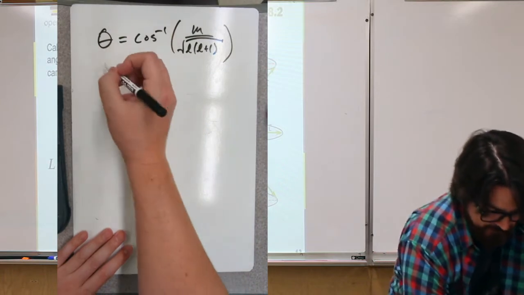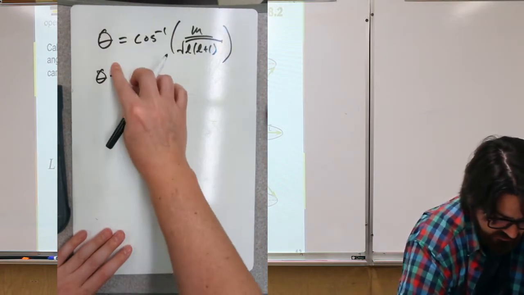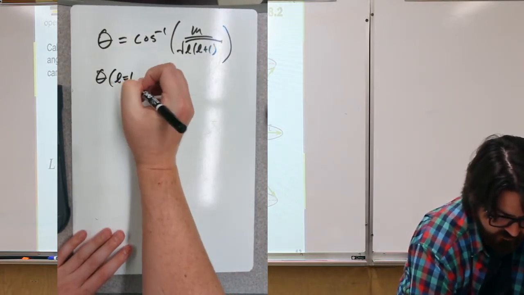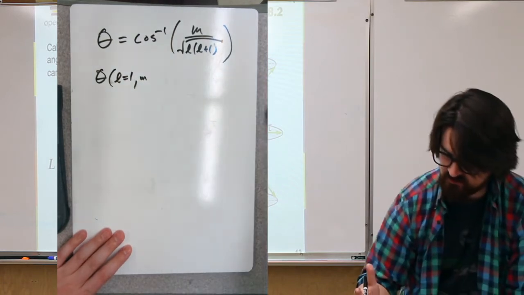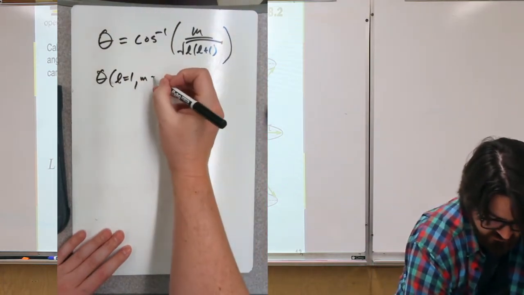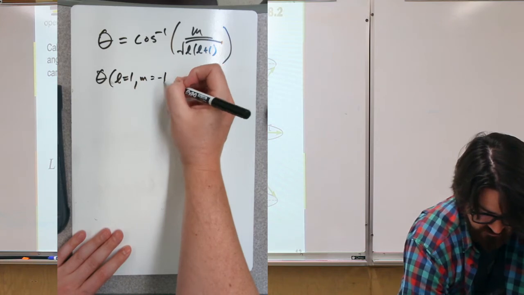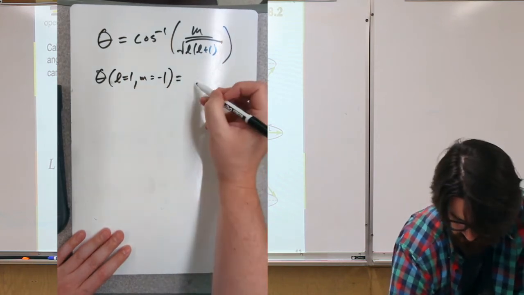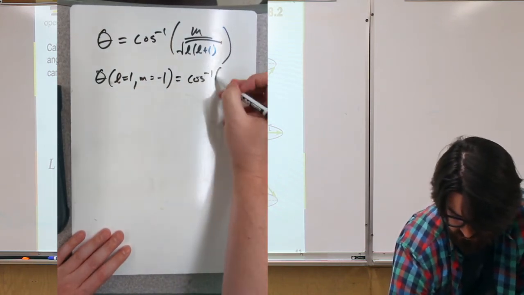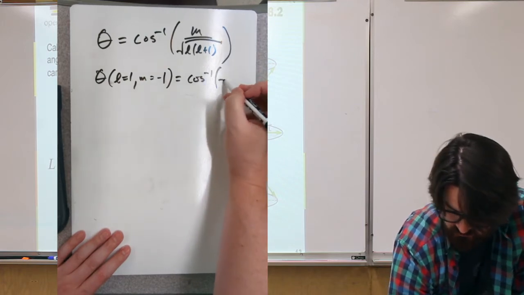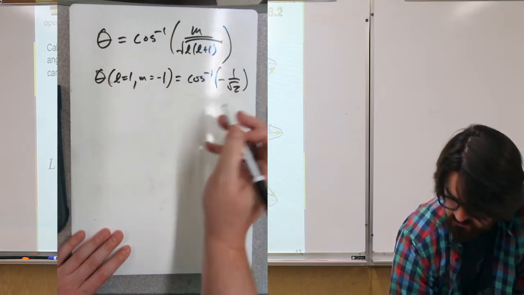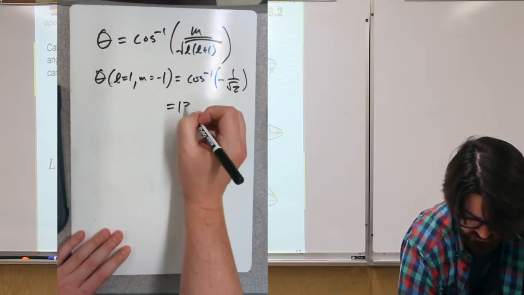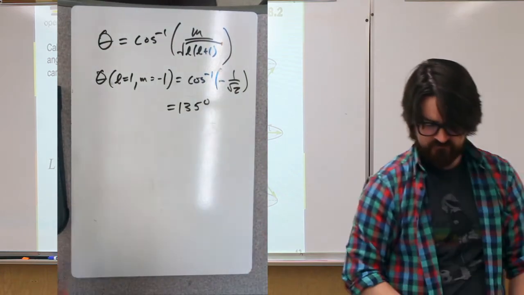If L is equal to 1, there's 3 possible values that m could take. It goes from minus L to plus L, so it could be minus 1. Put those values in, and you end up getting minus 1 over root 2, which is 135 degrees.